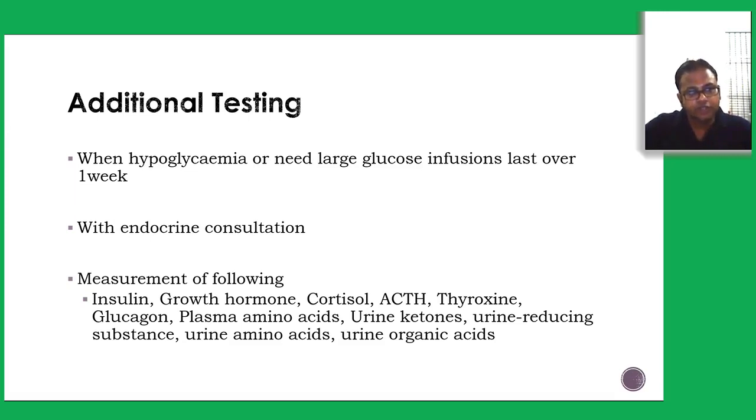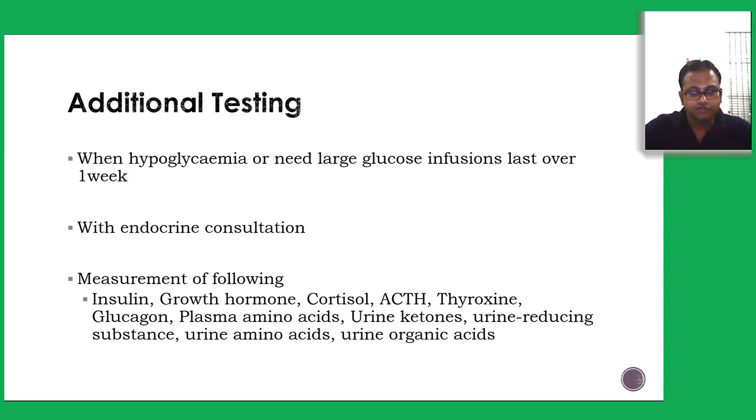So especially if the hypoglycemia lasts for a long period, like 1 week, or if they need large glucose infusions, large amounts for more than 1 week, then we have to do this additional testing, and we have to get endocrinologists involved.